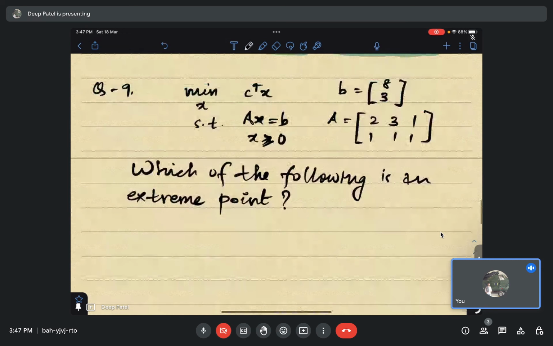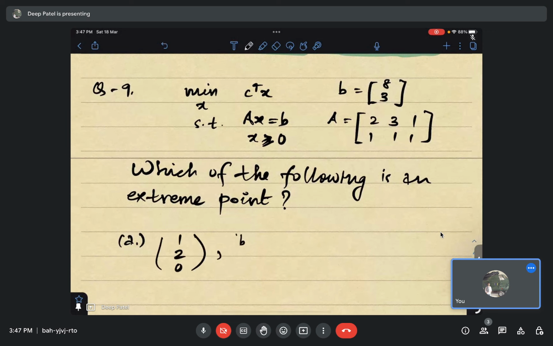I'll give some options and try to guess along with the reasoning for why I think this could be an extreme point.